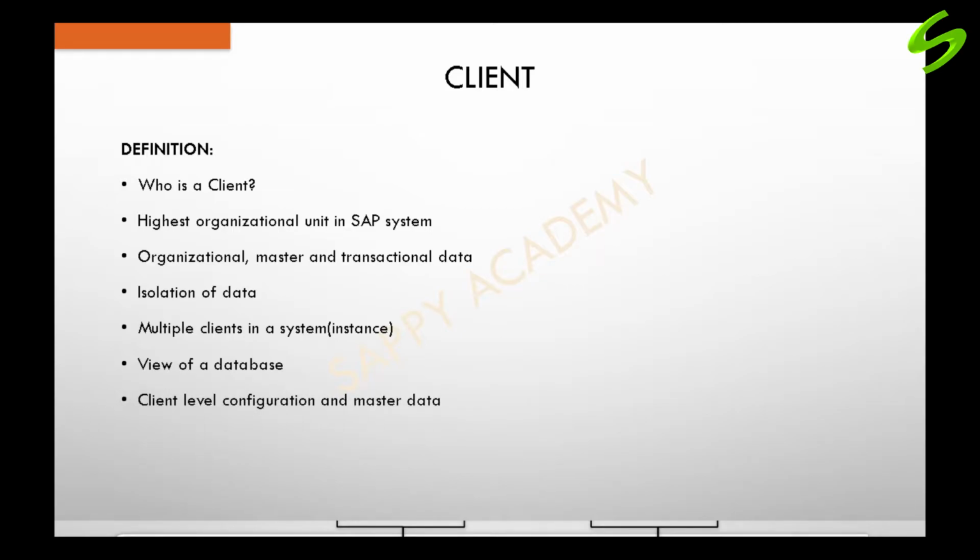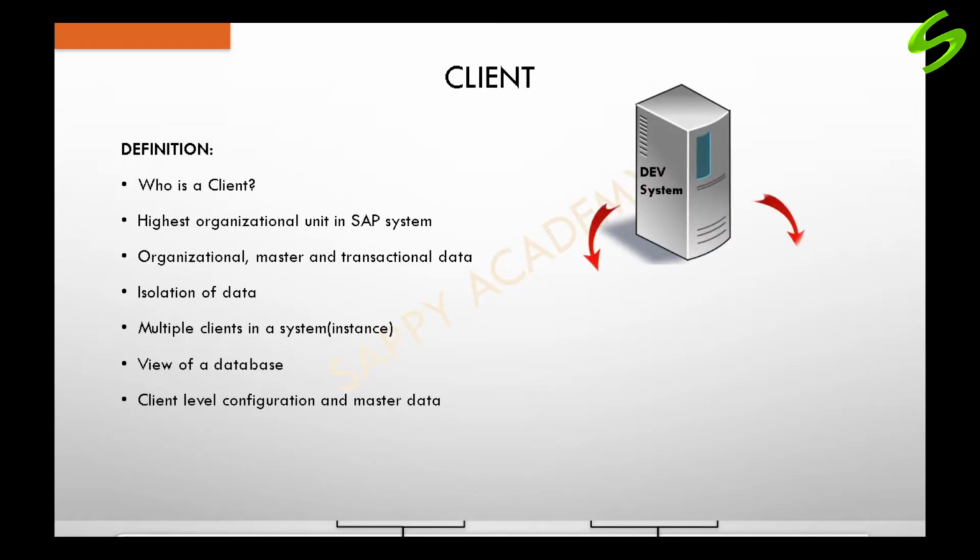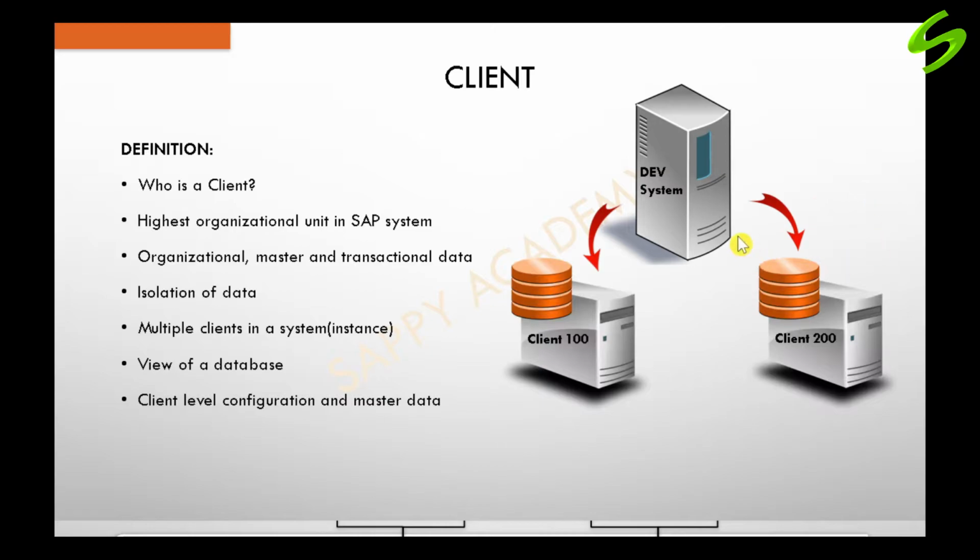Certain configurations and master record details in the SAP system are maintained on the client level, which means that the specific setting is valid or the master record is used for the whole client. In the picture, you see a dev system. Dev is a short form for development system.